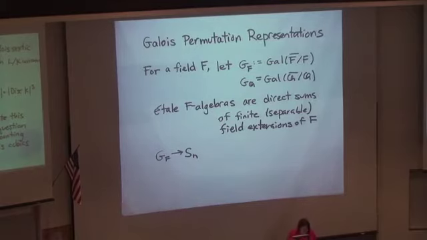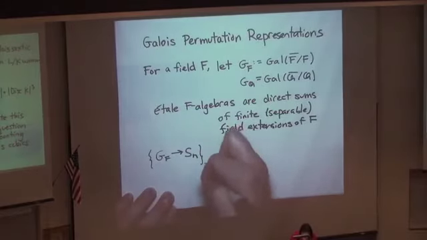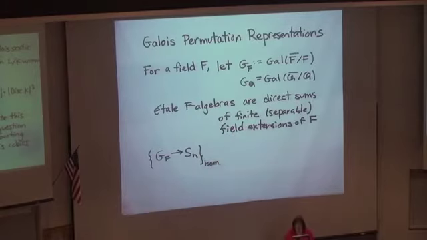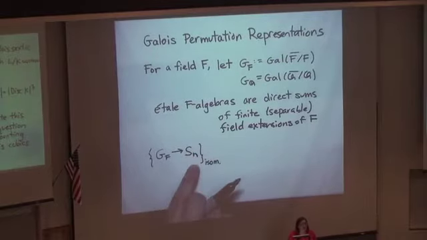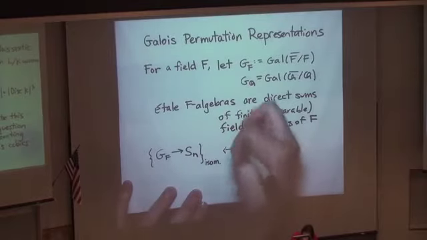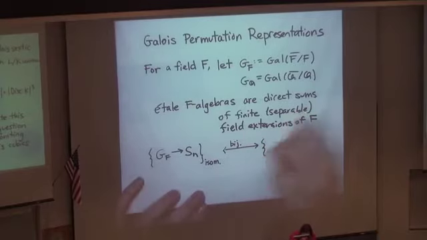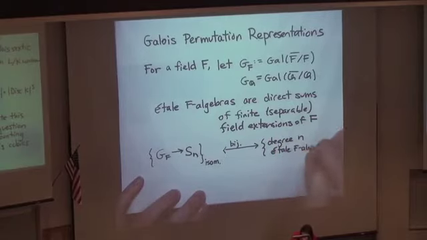So that's a Galois permutation representation, and such things up to isomorphism, and we already mentioned the kind of isomorphism of a map here. It's by conjugacy in S_n, or just relabeling the n objects that you're acting on. So there is a bijection between Galois permutation representations and degree n étale F-algebras.